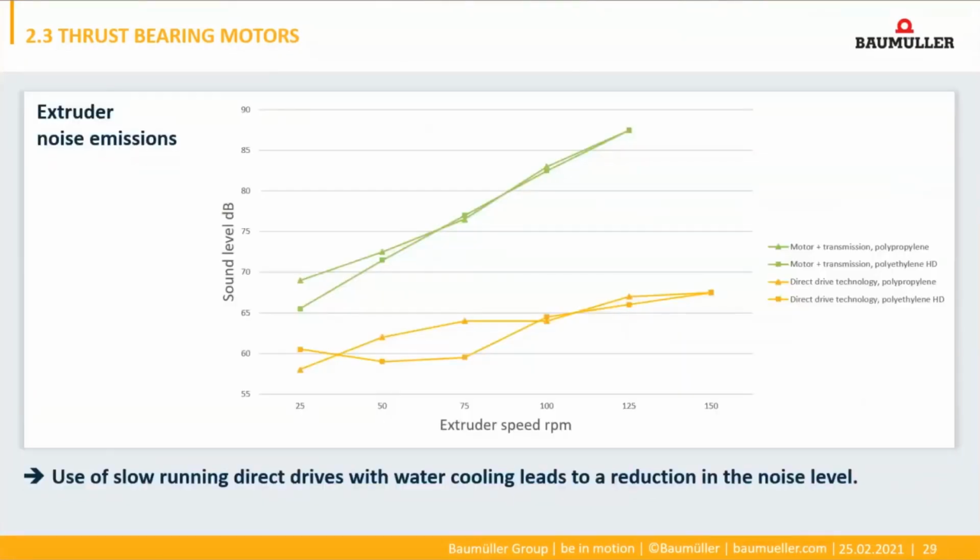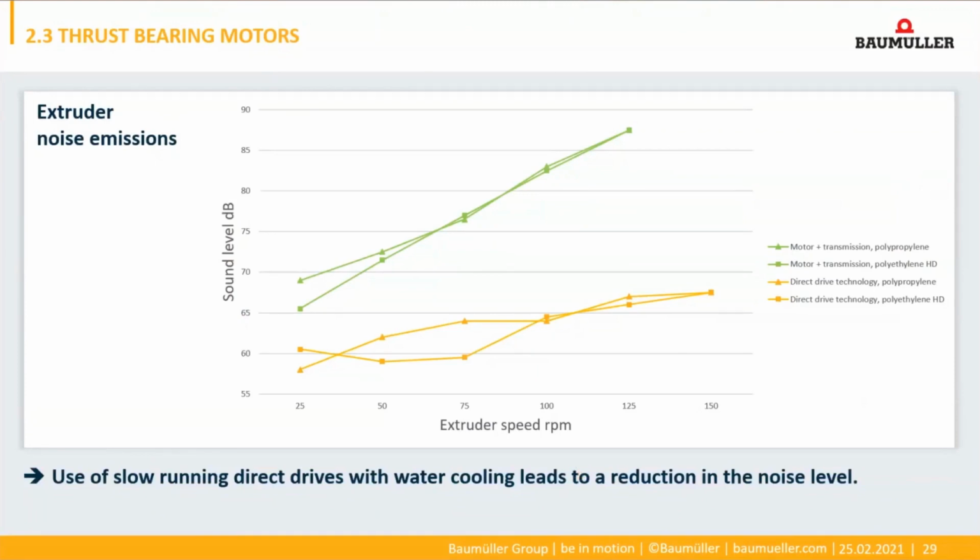In the beginning of the webinar, I told you that we are able to reduce the noise emissions with direct drive technology. Here you can see a diagram. The x-axis shows the extruder speed. The y-axis shows the sound level. Both green lines are motor gearbox combinations with two different materials. The orange lines are torque motors with the same materials.